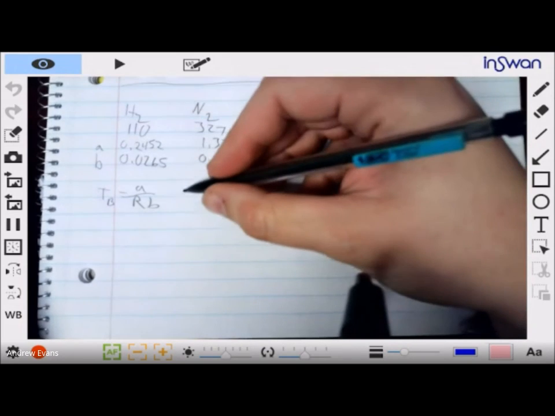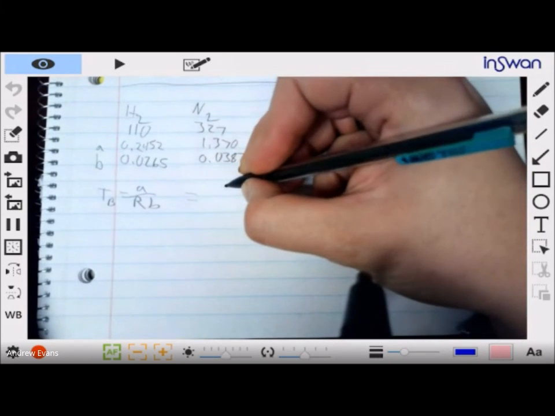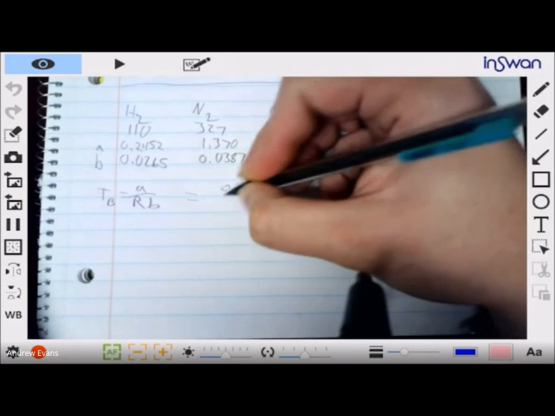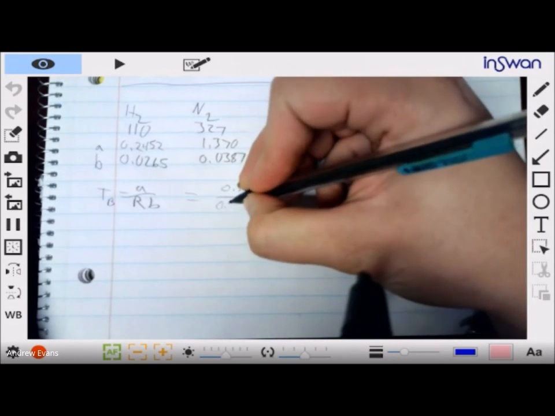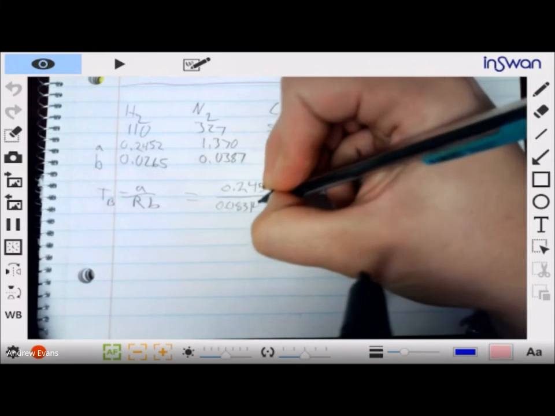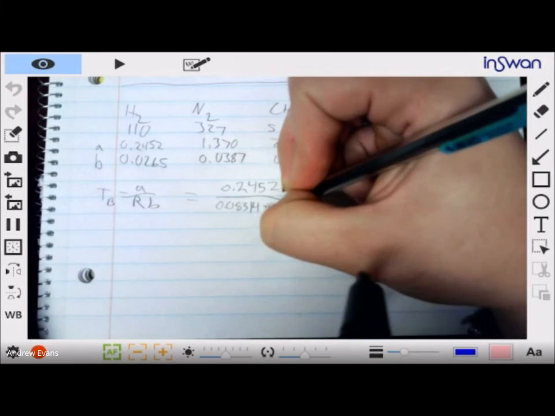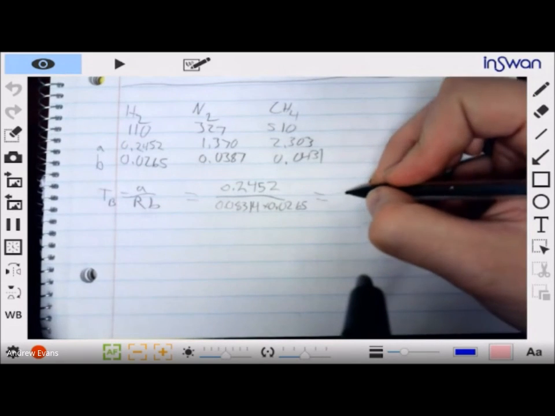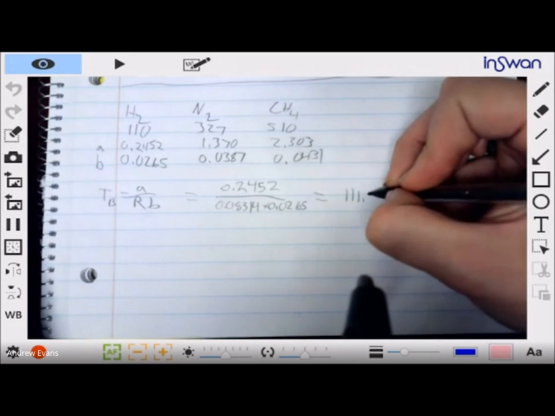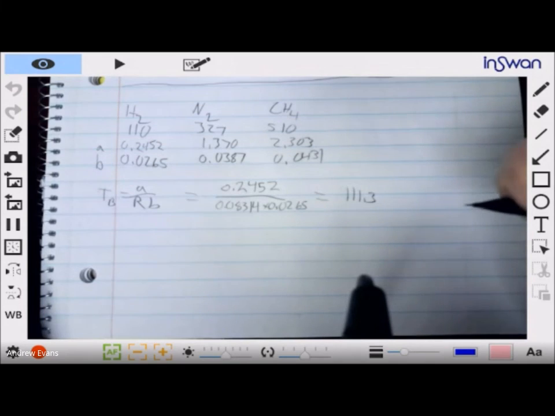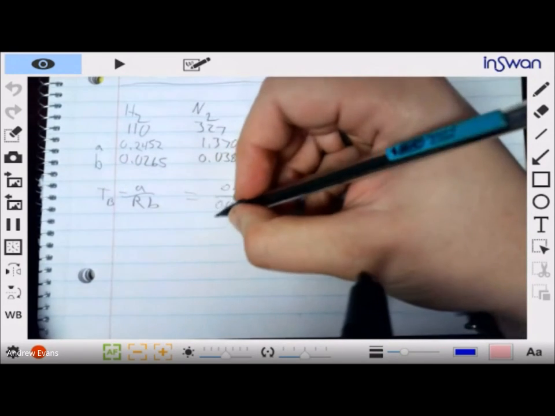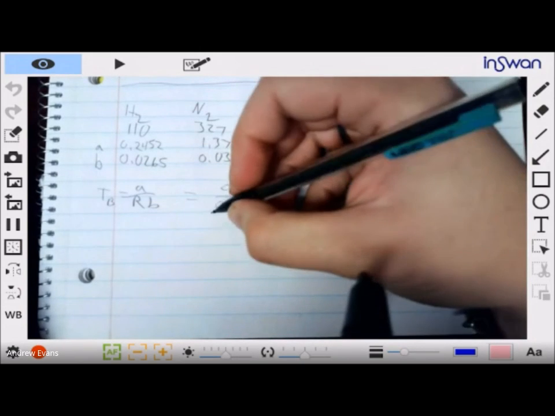So I've looked up the A and B van der Waals parameters for the following gases. For hydrogen, it's going to be 0.2452 divided by 0.08314 times our 0.0265. Doing that, you'd get a boil temperature of 111.3 compared to the given boil temperature of 110. Relatively close. Now let's look at nitrogen.